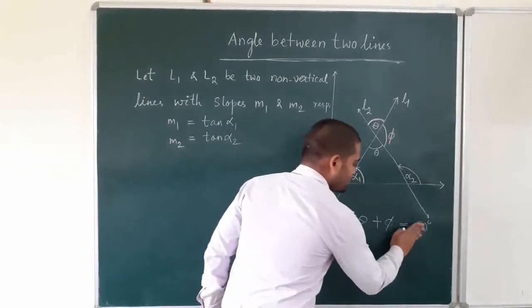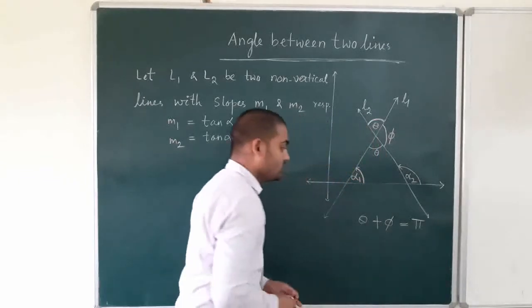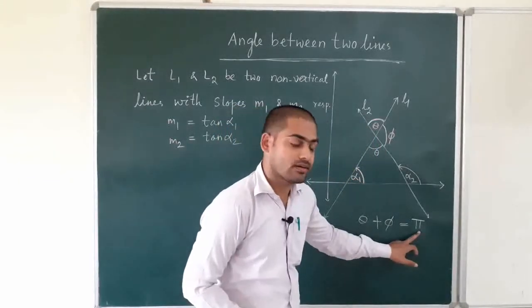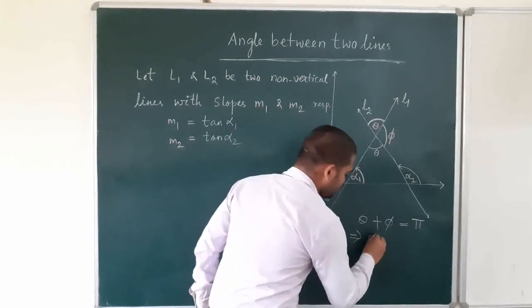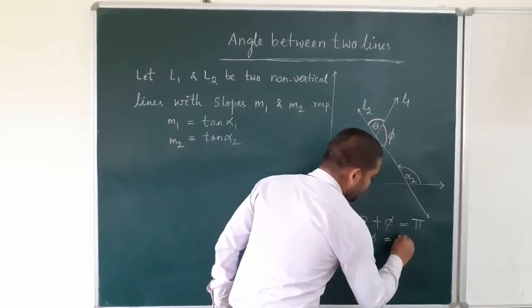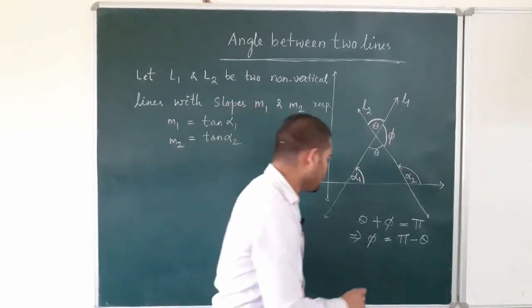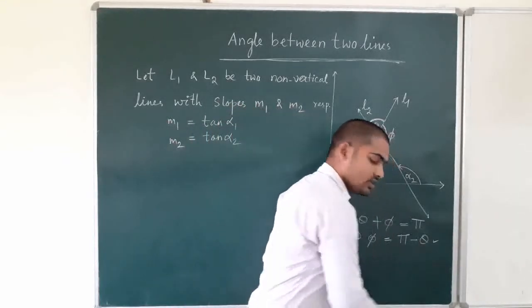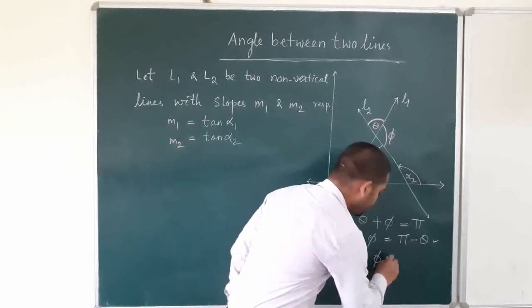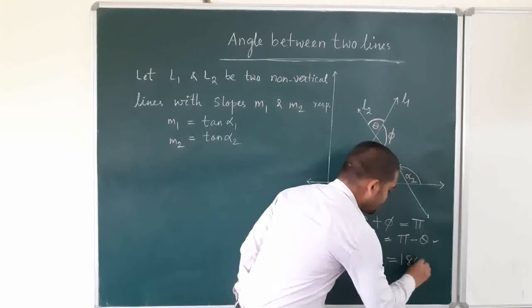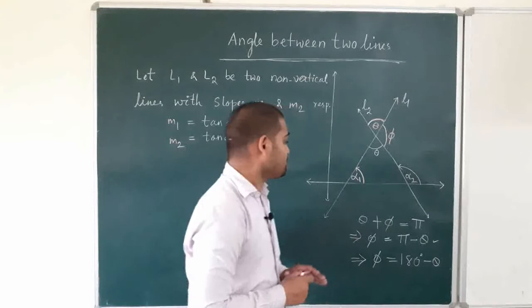Or you may write pi, so phi is equal to pi minus theta. Or you may write phi is equal to 180 degrees minus theta.